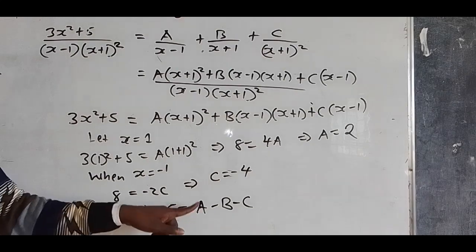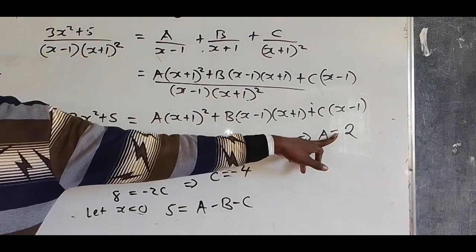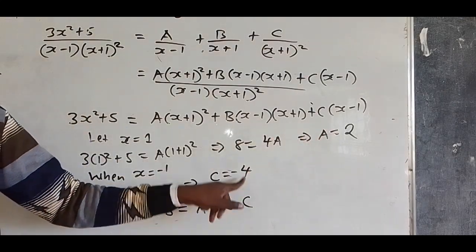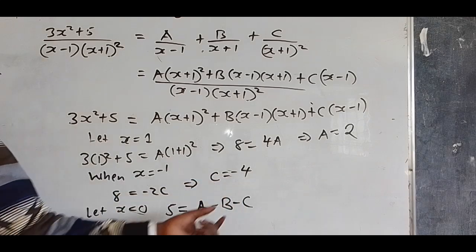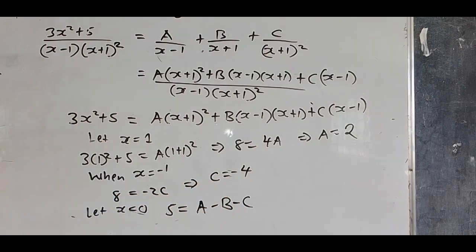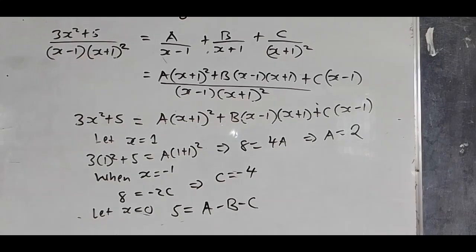Then you substitute, so you know the value of a is 2, and you know the value of c, negative 4, so you substitute them to get b, isn't it? Is that method simpler or the other one is simpler? This one is simpler, isn't it? So can you substitute those values?